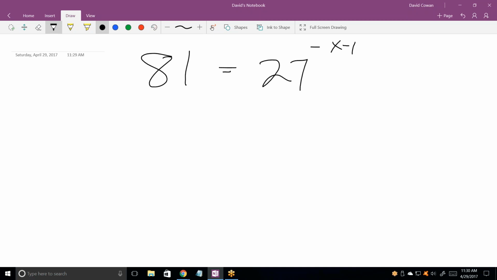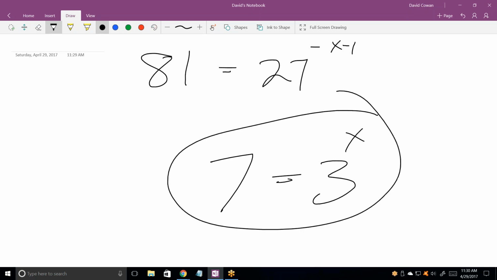If I say 7 equals 3 to the x, there is no way on God's earth you're going to be able to solve that unless you use logarithms. Then you would convert it to logs, and you would have the log base 3 of 7 equals x. Well, the log base 3 of 7 is a number that you can get out of your calculator. So once you understand logs, you can solve this one at the bottom.